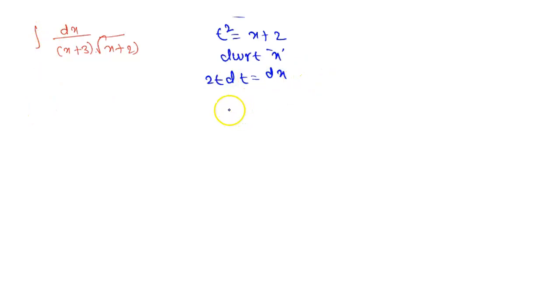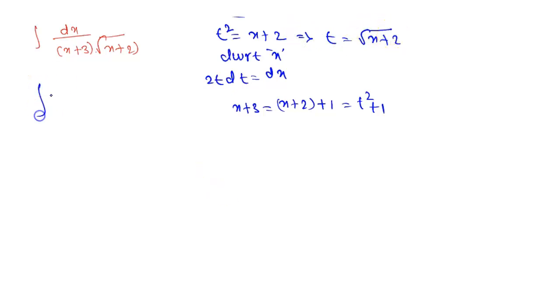And one more thing here: I can replace x plus 3 as x plus 2 plus 1, that is nothing but t square plus 1. And moreover I can replace t is equal to root of (x plus 2).